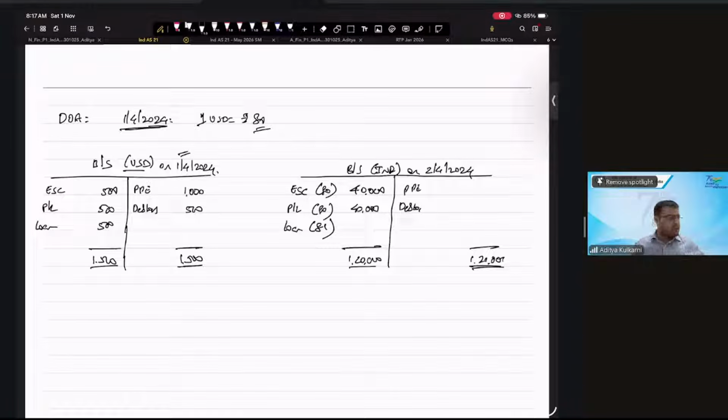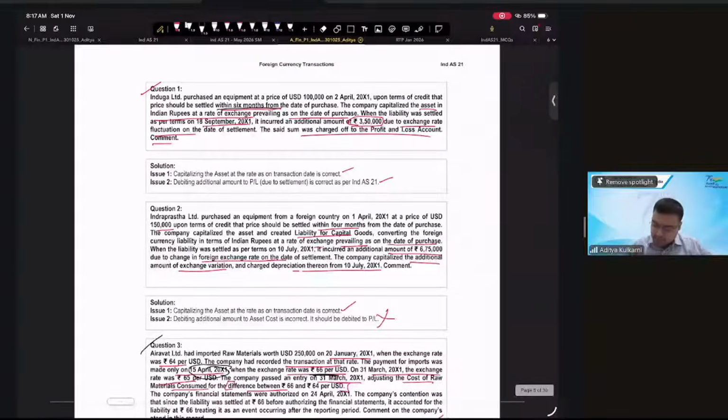So 81 into 500 gives you 40,500. Debtors also will go at 81, so this is 40,500. Property, plant, equipment will also go at 81, so this comes to 81,000. Are you able to understand?